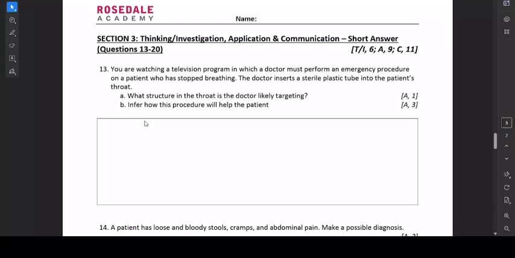So, the person has stopped breathing, right? So we're obviously trying to target the trachea in this case, because that's the airway. How does this exactly help? Supposedly, we have this plastic tube. Obviously, it has a hole in the middle. We're going to try to keep the airway open, because when somebody dies, essentially, their airway is going to collapse.